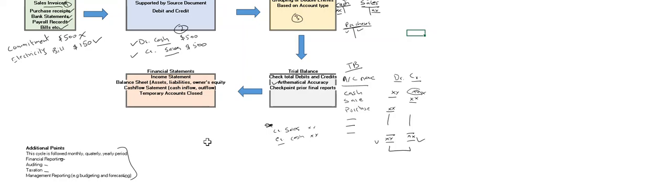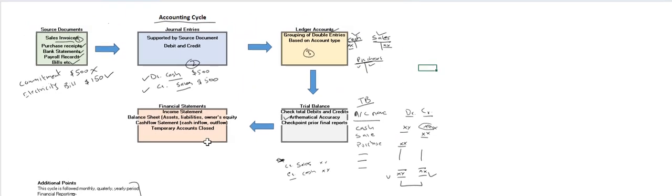And taxation, let's say you have heard the term tax filing. The detail you need for tax filing, you would obtain from the financial statements itself. For example, let's say you are filing VAT returns within UAE.